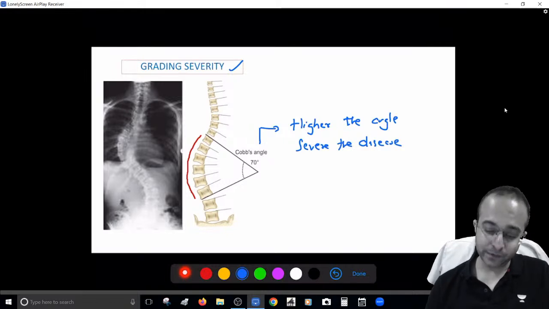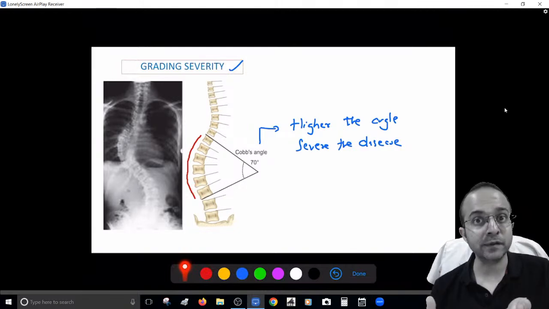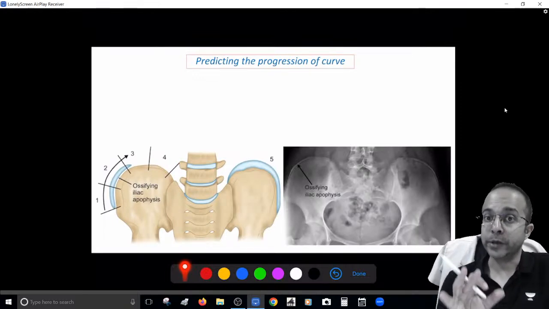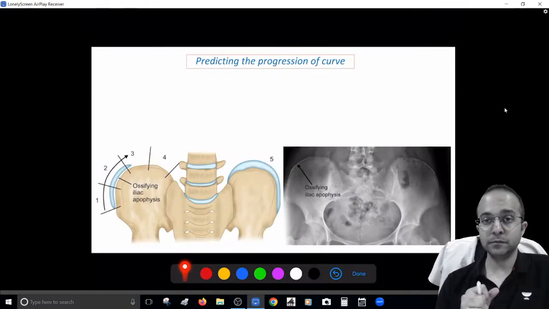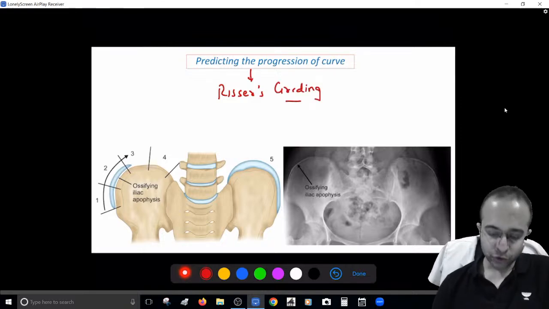Now, a very important thing: a scoliotic curve is a developmental deformity. So as you develop, the deformity will progress. Every doctor wants to know the risk of progression. To predict the risk of progression, we use what we call Risser's grading.